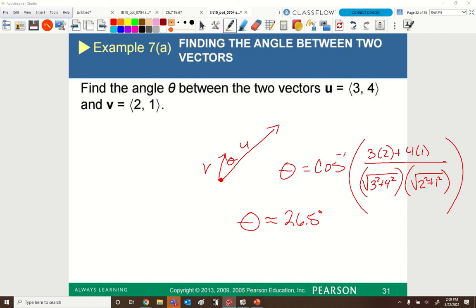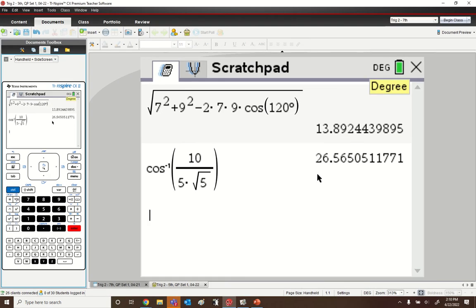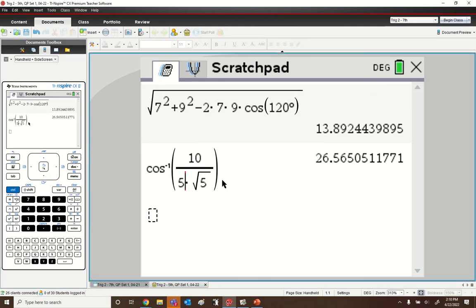I'm just wondering how I got it wrong. Hold on, let me see. Yeah, 26.6. I've got it up here to double check it. Oh, I just put in the square root.